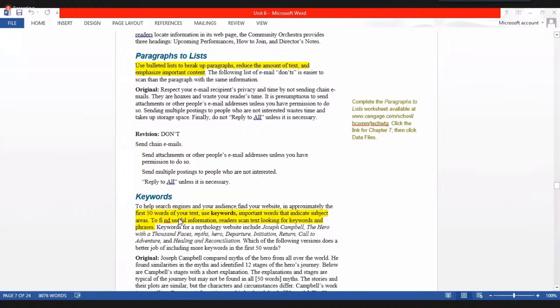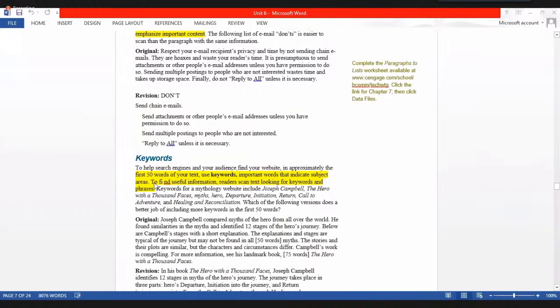Then here, keywords, that is important words. To help search engines and your audience find your website, use keywords in approximately the first 50 words of your text. Keywords are important words that indicate the subject area. To find useful information, the readers scan text looking for keywords and phrases.